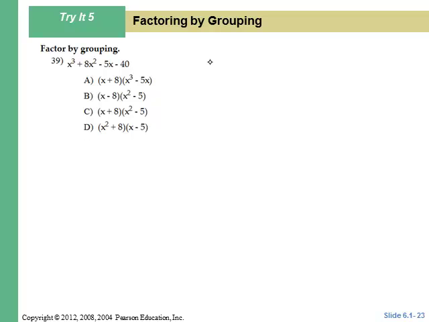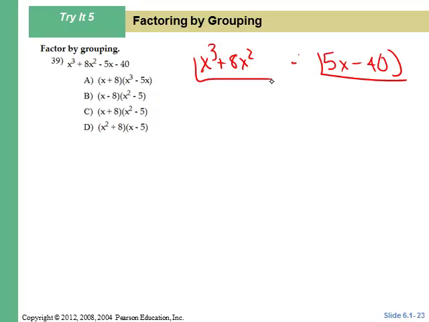Okay, how about this one? X cubed plus 8x squared minus 5x minus 40. Out of these first two, I'm going to factor an x squared, and I'm left with x plus 8.